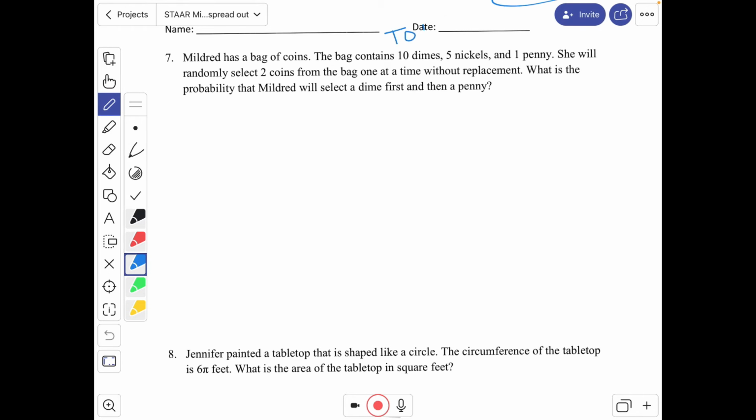Well, to start with, we need a total. So that makes 16 coins. Our total is 16. It says that first she's going to select a dime. So the probability of getting a dime on the first one is 10 out of 16.